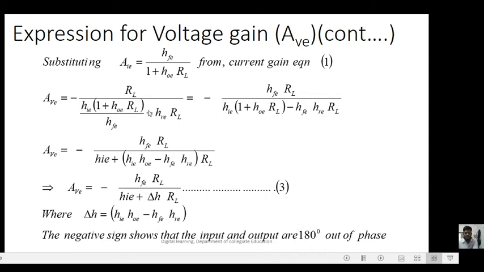So this is the AV, that is equal to minus HFE RL divided by HIE into 1 plus HOE RL minus HFE HRE RL.